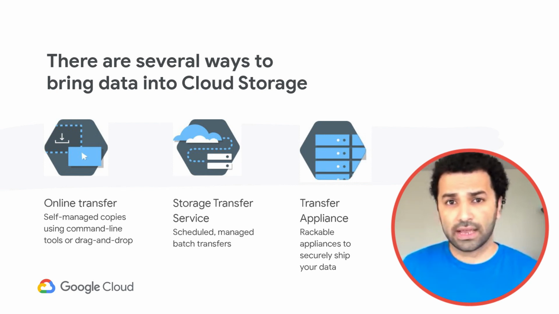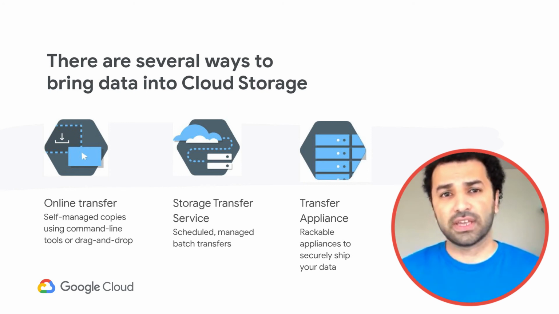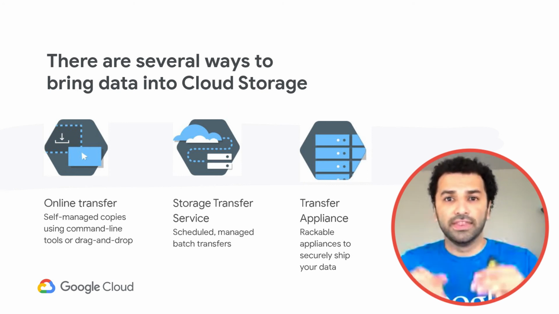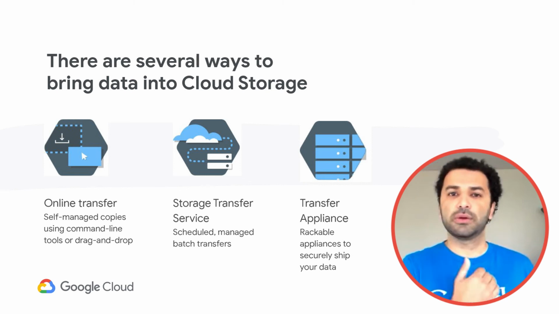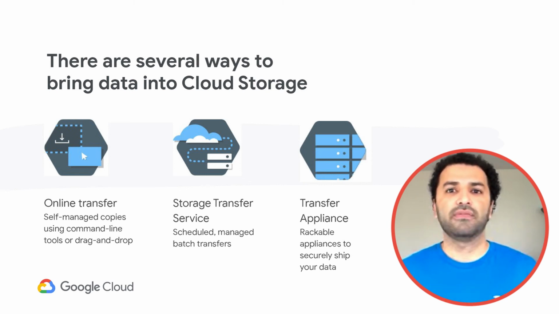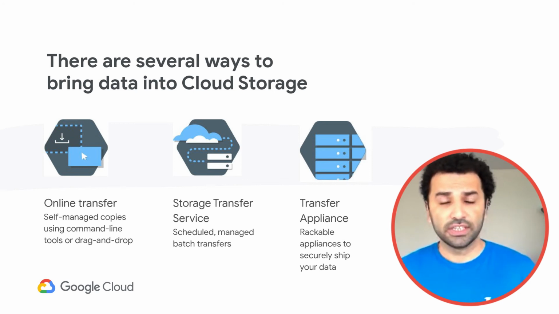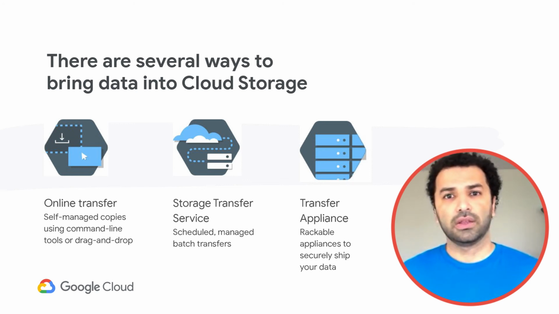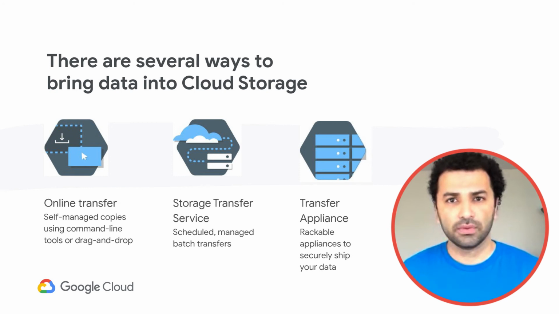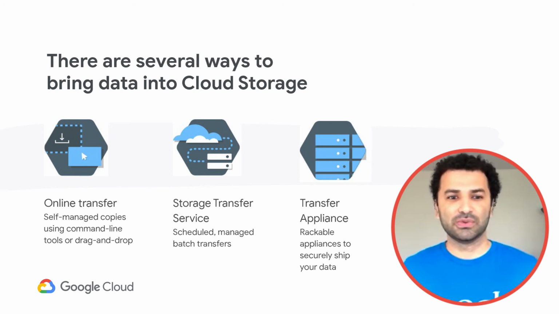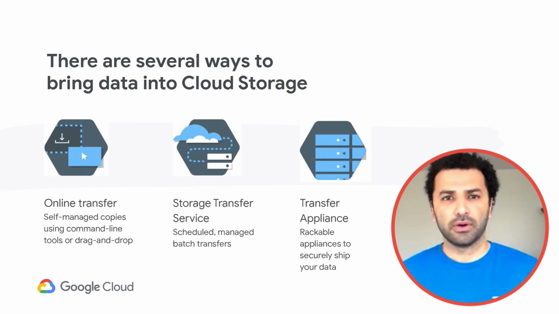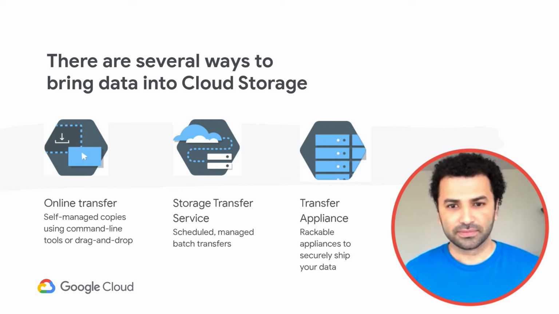You order a rack, we send you a specific rack with specific instructions on how to encrypt your data and download it inside the rack, and then you ship it back to us, and we will make it available eventually inside your project. Sometimes with some calculations, let's say 100 terabytes, and taking into account your internet speed, you'll find that it's way faster to make the offline transfer than trying to upload manually from your own network.